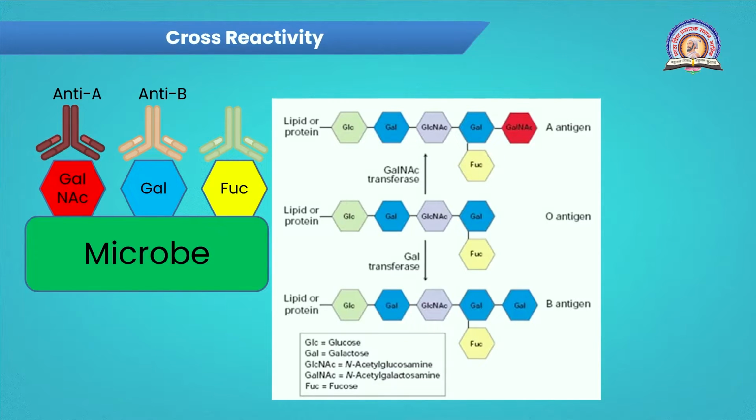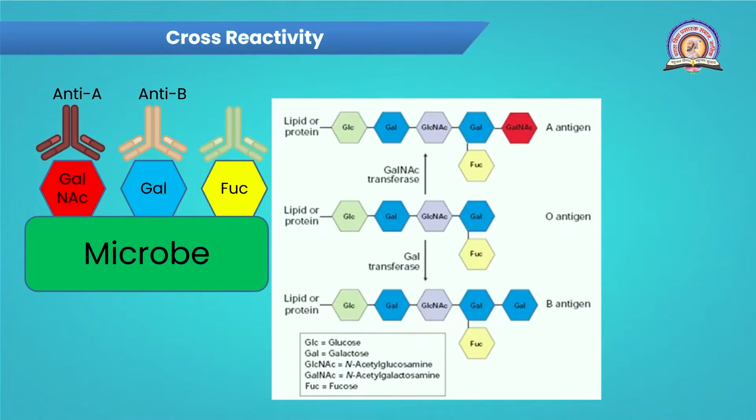Now, if my blood group is A, my RBCs are going to carry A antigen on their surface. That means they carry terminal N-acetyl galactosamine and fucose residues on the surface.